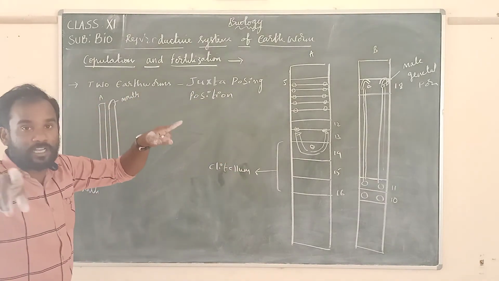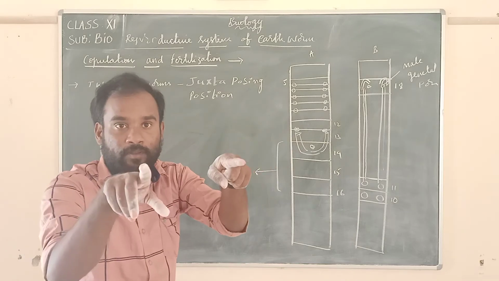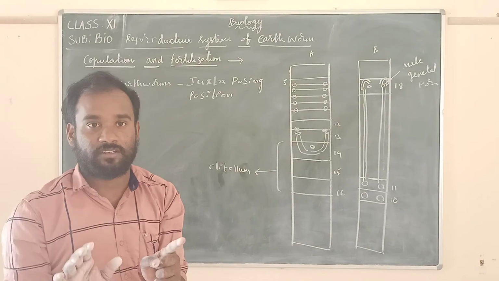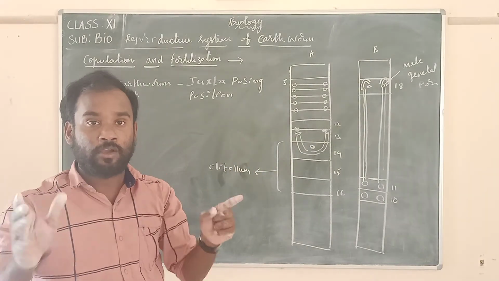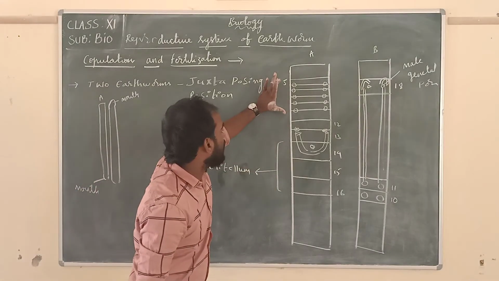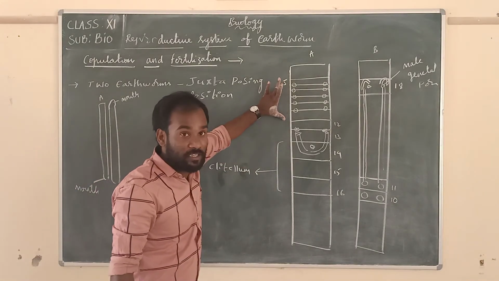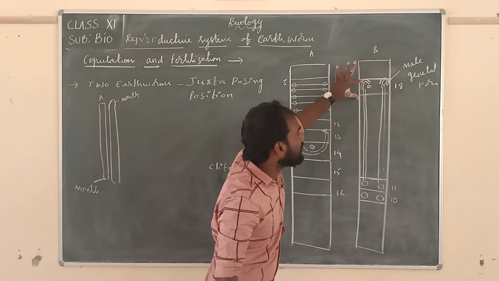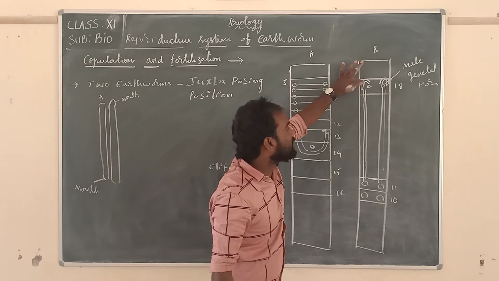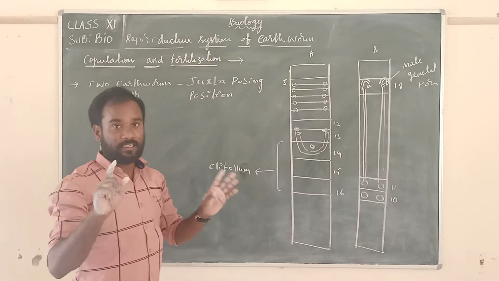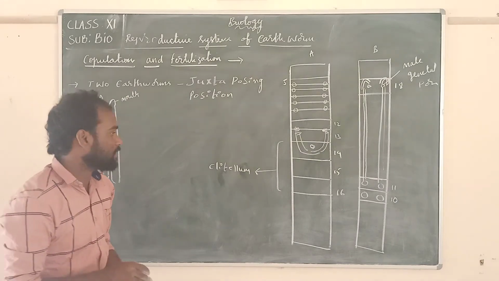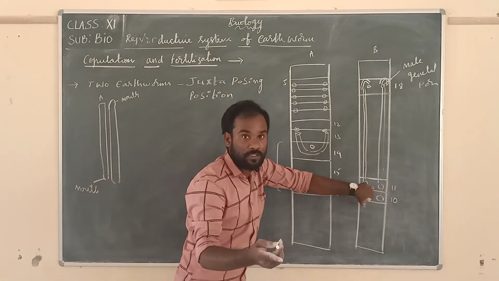The two earthworms come in contact with each other in juxtaposing position. That means the spermathecal apertures of one earthworm will be in contact with the 18th segment of the other earthworm. Now what happens is the testes will release sperms.